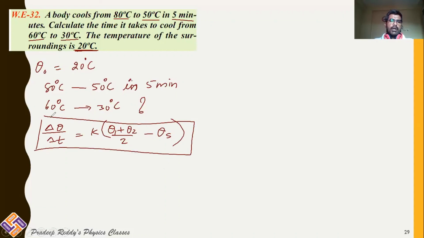Now what is delta theta? Delta theta is the temperature difference, that is 80 minus 50. This is taking how much time? 5 minutes. It is equal to K into the hot body.